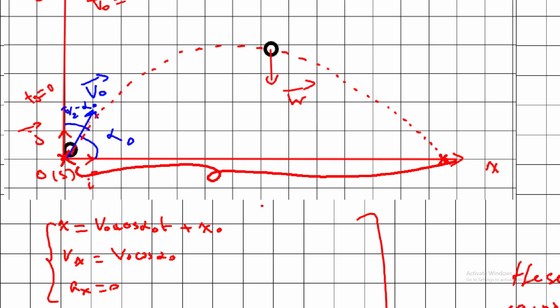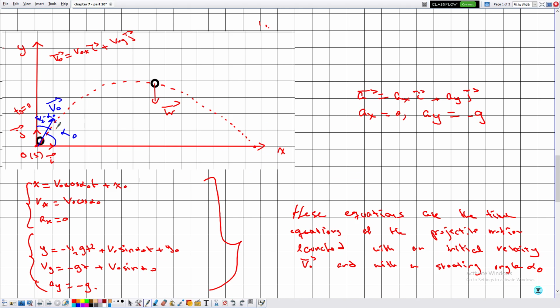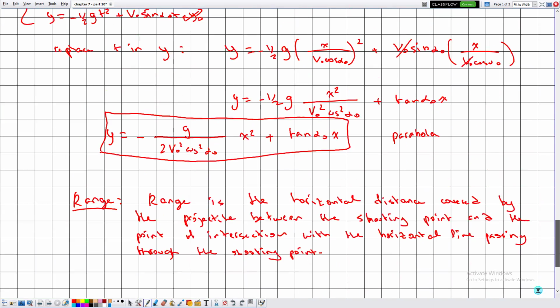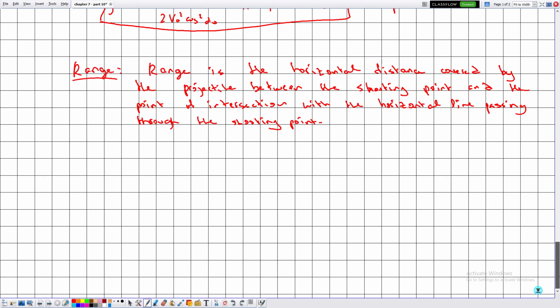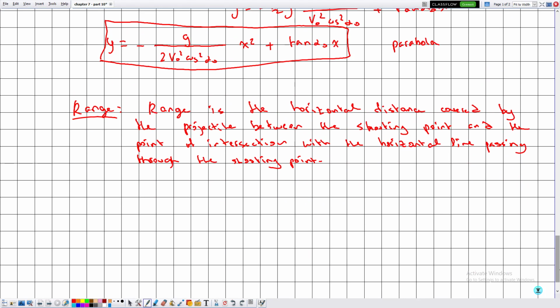Now we are interested in calculating the range. The range must be expressed in meters. So how do you determine the range? Using the trajectory equation, we have that y is equal to minus g divided by 2v0 square cosine square alpha 0 x square plus tangent alpha 0 x.